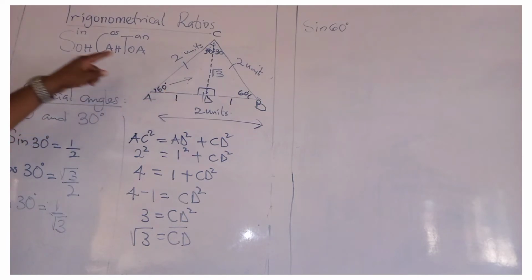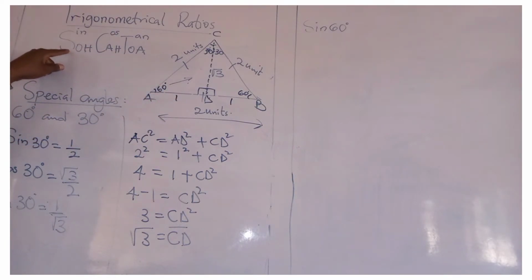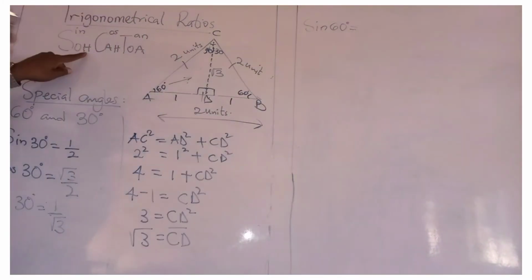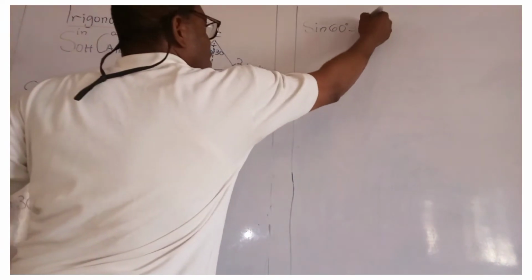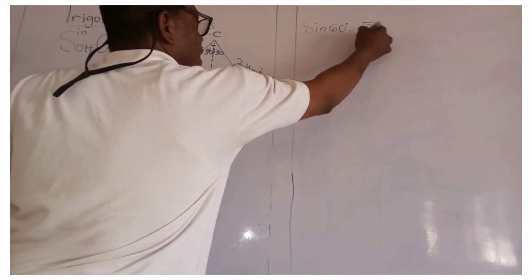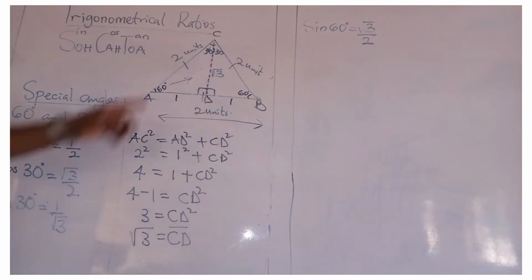I have earlier told you that sine is equal to opposite over hypotenuse. So we have square root of 3 over 1 over 2, square root of 3 divided by 2. Here is the hypotenuse, here is the opposite.